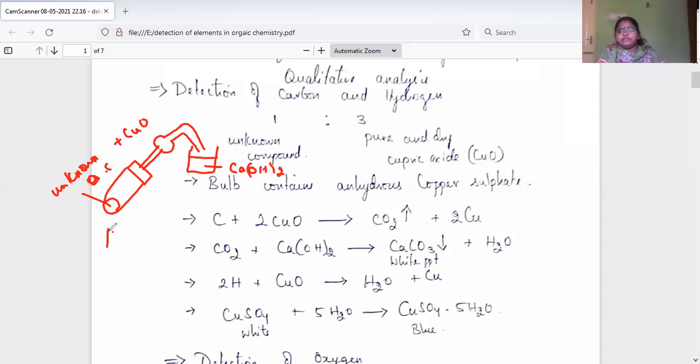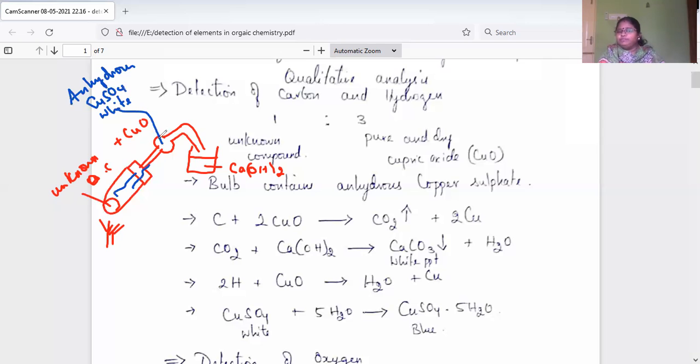By heating this hard test tube, which has the unknown organic compound and cupric oxide, this bulb contains copper sulfate, which is white in color. That means anhydrous copper sulfate. Got it? Anhydrous copper sulfate, that means it is white in color. Okay. So when you heat this mixture, if hydrogen is present in it, that goes as water vapor.